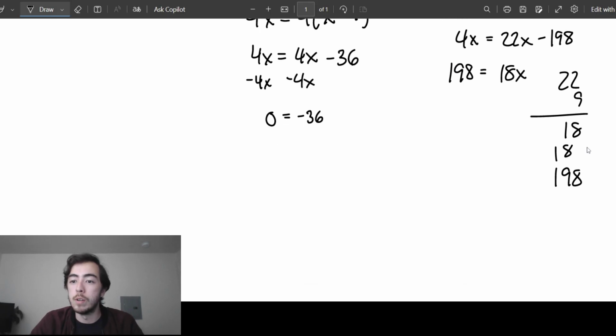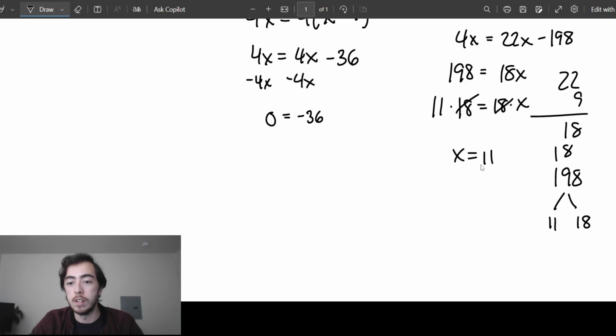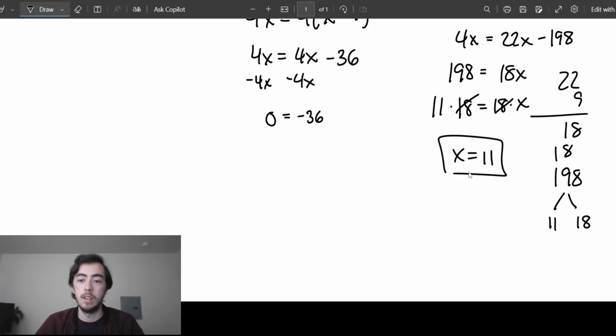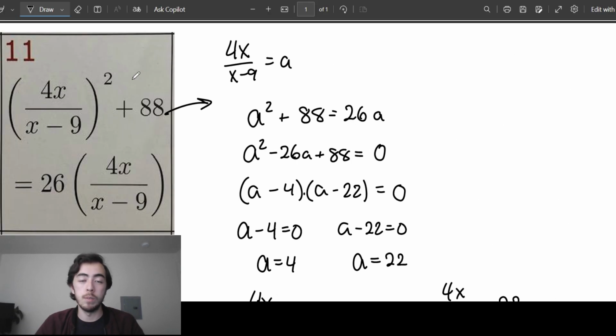If 22 times 9 is equal to this number, then I could just pop over one of those 2's from the 22 to the 9 and make it 11 times 18. And so I know that 11 times 18 is equal to 18 times x, and so x has to be 11 for today.